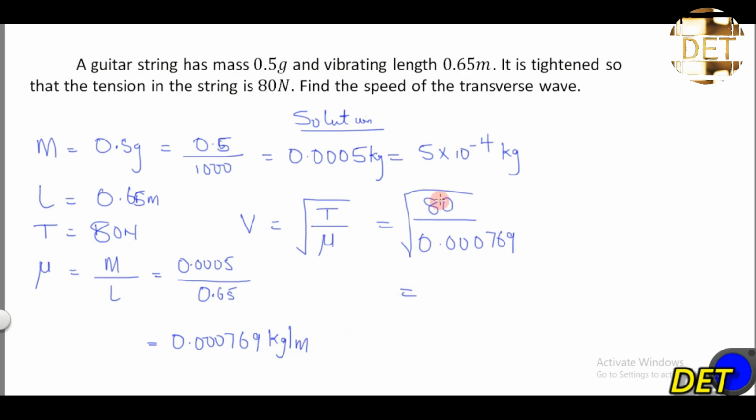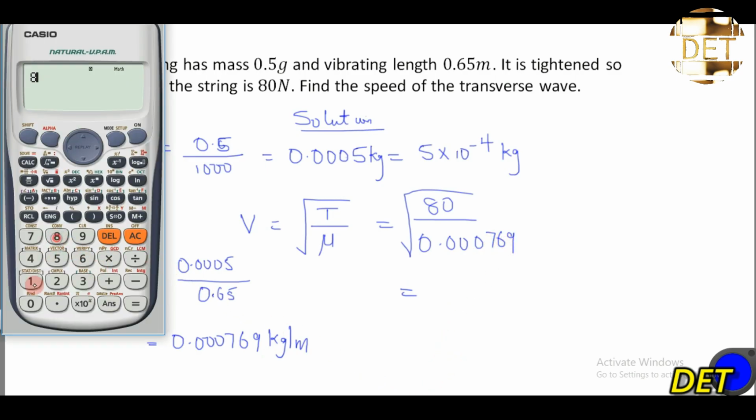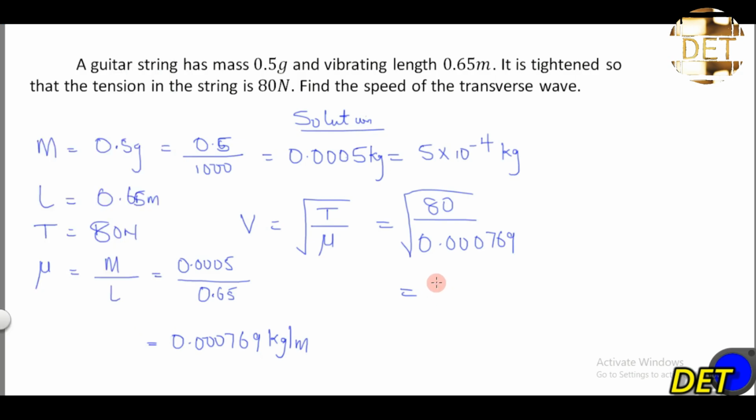So this will now be equal to 80 divided by 0.000769, that will be equal to 104,031. So we'll look for the square root of this.